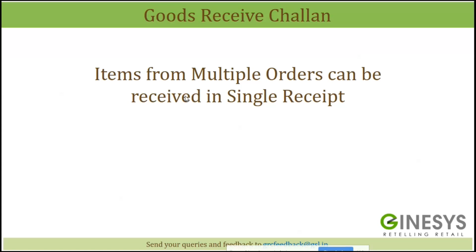We had to generate different receipts for different orders, hence creating a lot of hiccups in the scenario where the seller is providing a single challan and we have to distribute it among different receipts. Now, with this release, we have overcome this challenge and are providing the option of selecting multiple orders in a single transaction entry.